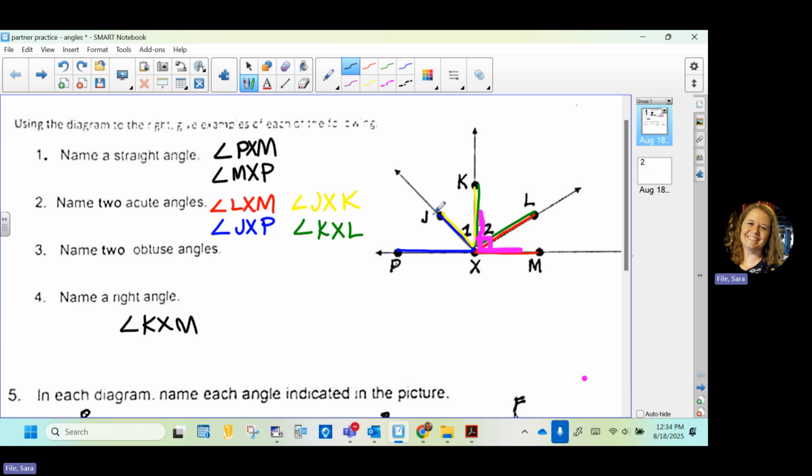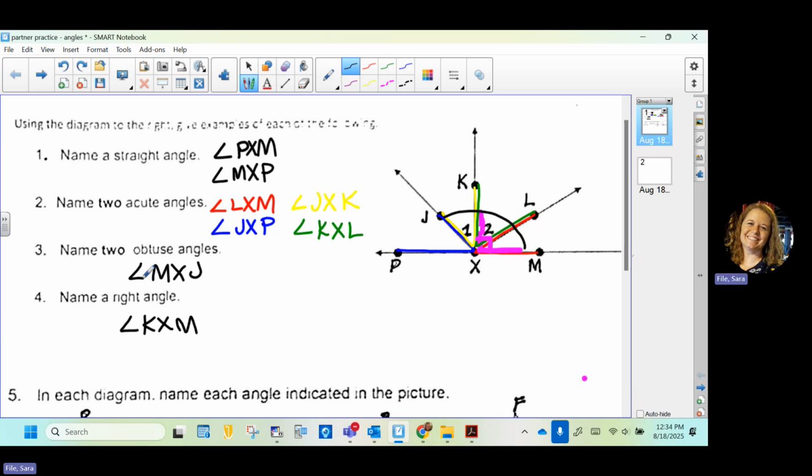So I'd have to go to J, right, to get an obtuse angle, make it bigger. All of that together would be obtuse. So MXJ. You put the angle symbol in front and you could go backwards. JXM is correct as well.